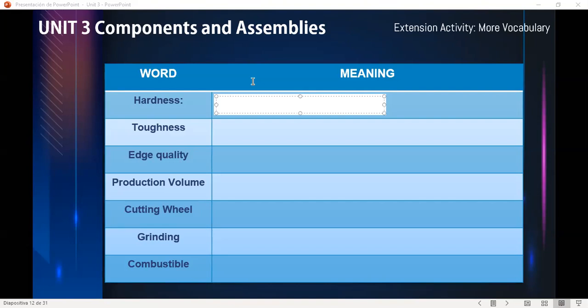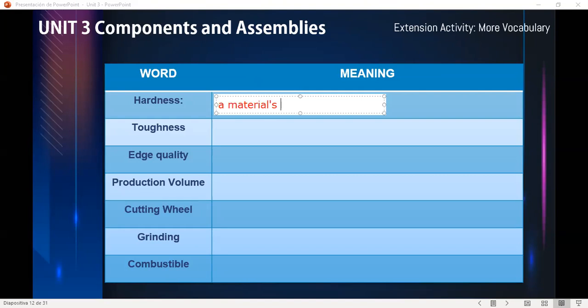Talking about degree Brinell, but in this case I can describe that like hard material, or the structure. I can measure the hardness in that material. No, I think it is that.